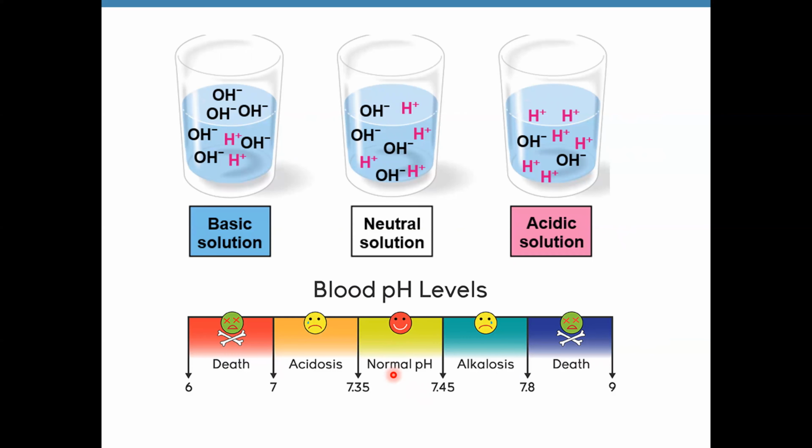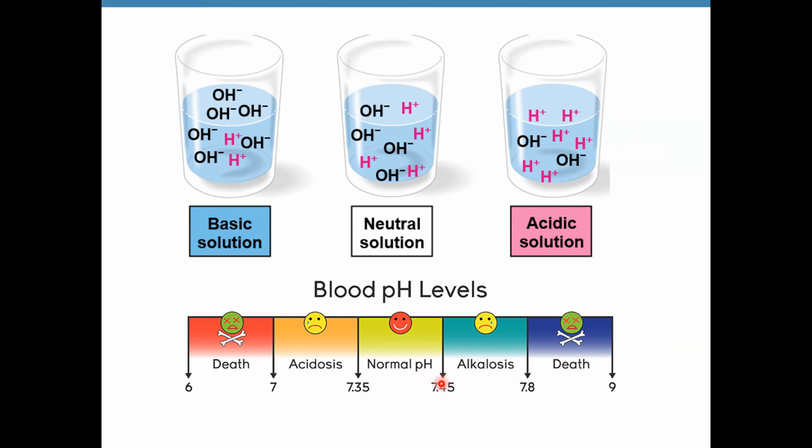So that's the normal pH. Now, if the pH of blood plasma is below 7.35, we call it acidosis. And if it's below 7, we call it death, right? So you can see how important it is to keep pH in the normal range.